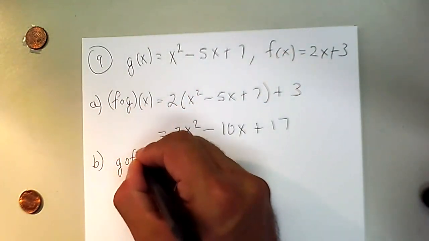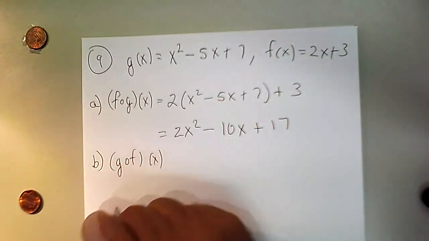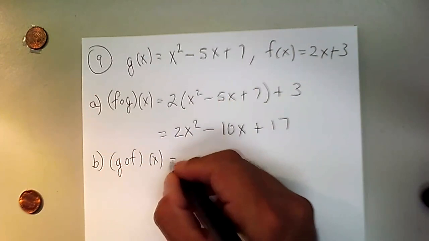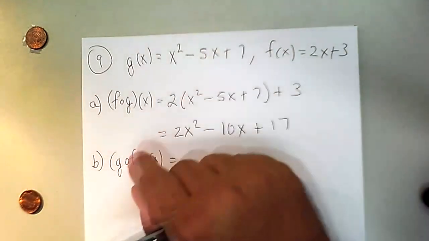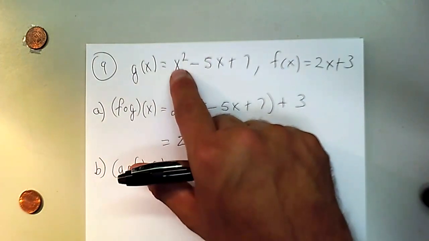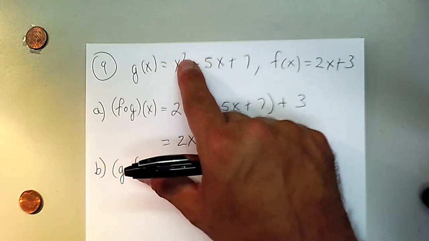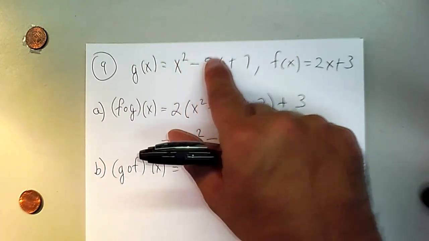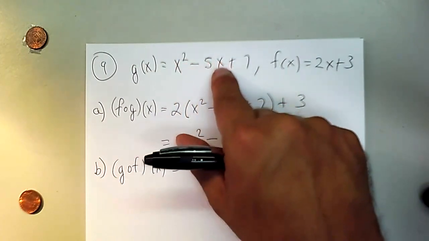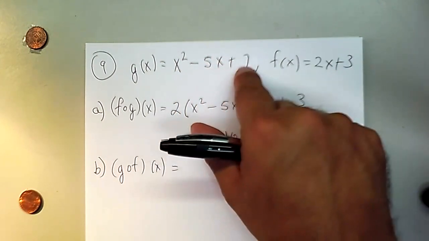G composed with f of x, on the other hand, is an interesting example. Now let's understand what g does. G says take whatever the input is, square it, minus 5 times the input again, plus 7.